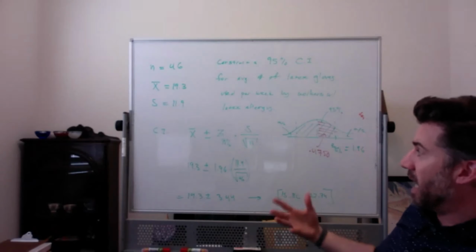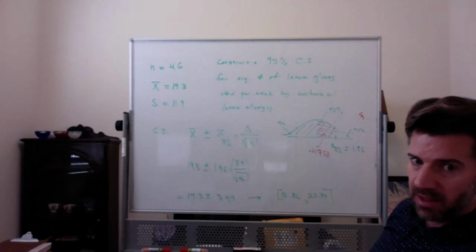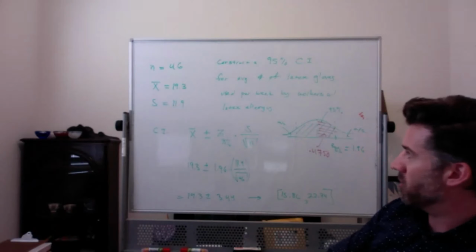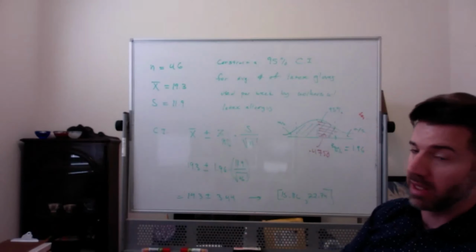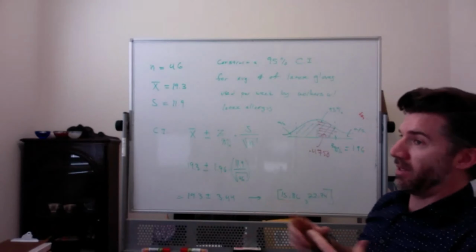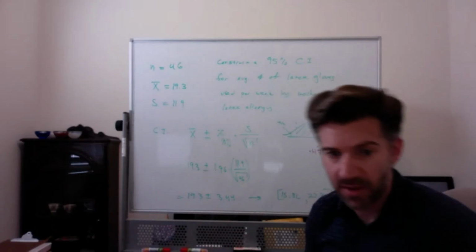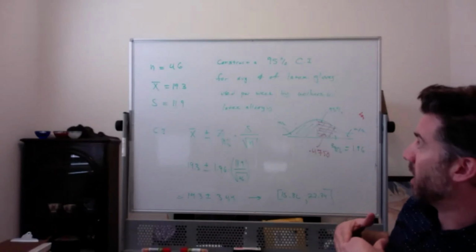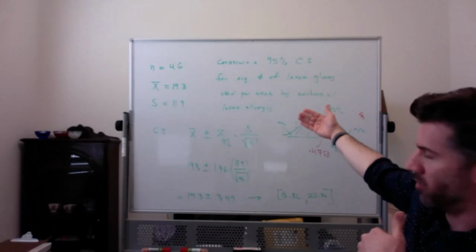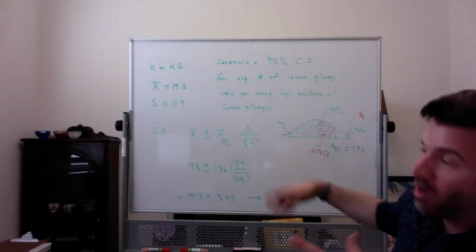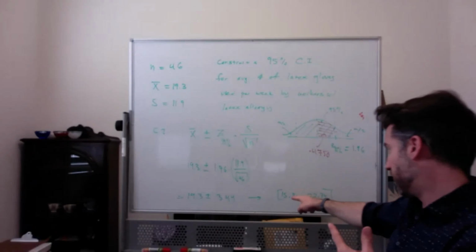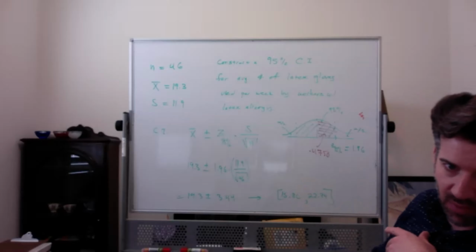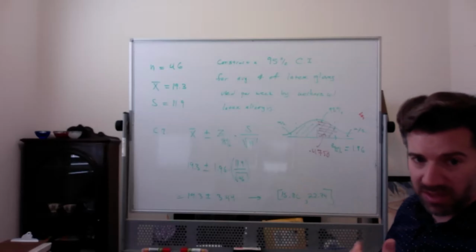So that means there's a 95% chance that the actual average number of times a healthcare worker with a latex allergy wore latex gloves during a week is between 15.86 and 22.74. So that's what we're saying.